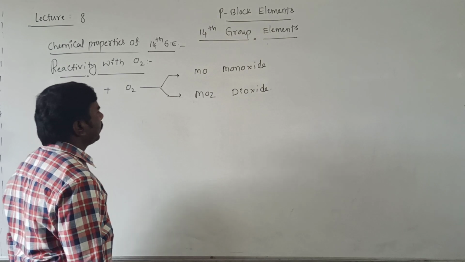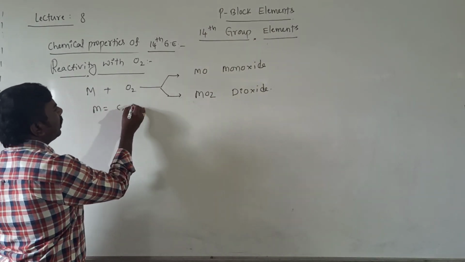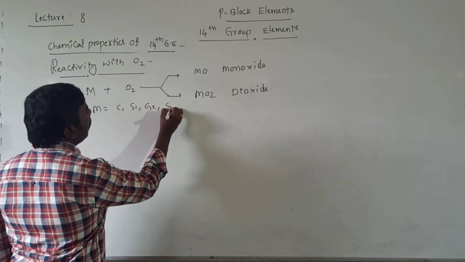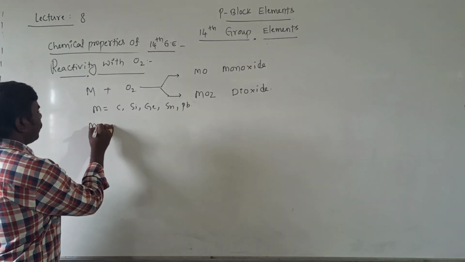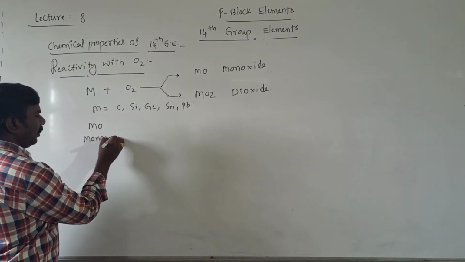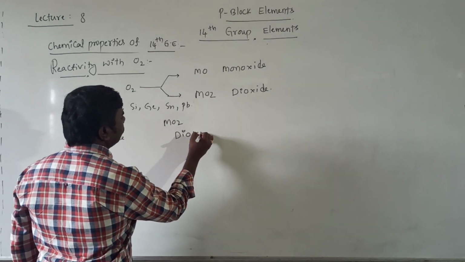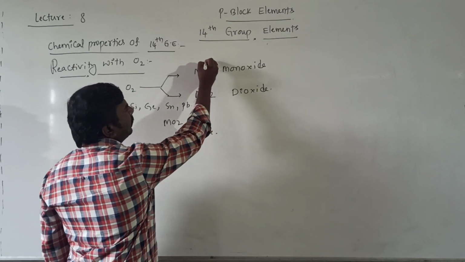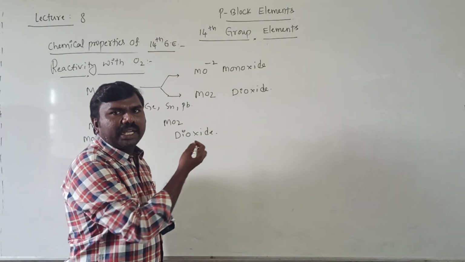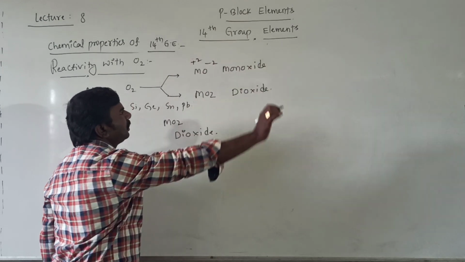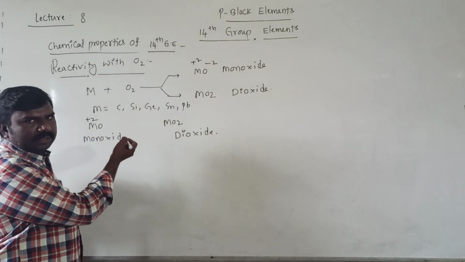Monoxides and dioxides. Now M equals carbon, silicon, germanium, tin, lead, whatever the element is. MO is monoxide, MO2 is dioxide. The oxygen will be -2. To make it 0, we need +2 in the monoxide for this 14th group element.